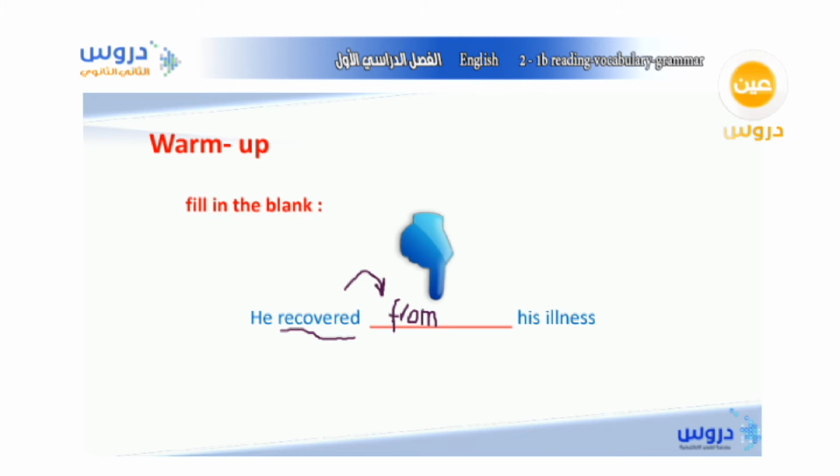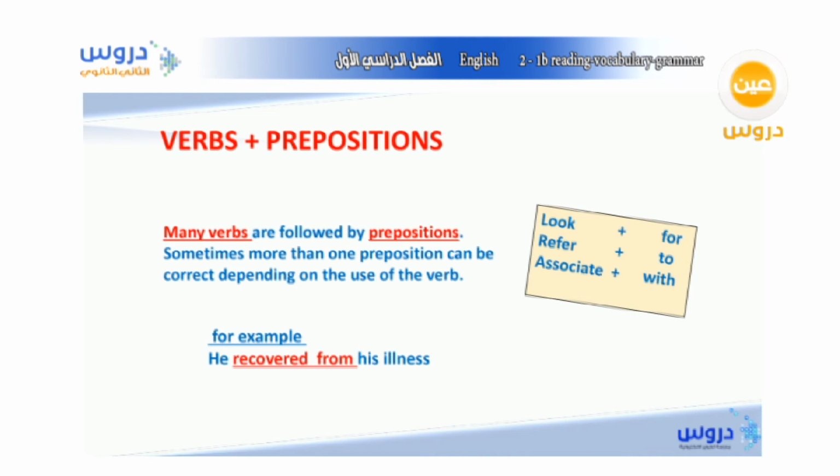And we use a preposition after the verb. So what do we call this? Go is a verb. We say go in, go out, go to, go after. So we have different prepositions. When verbs and prepositions come together, you have verb and preposition.